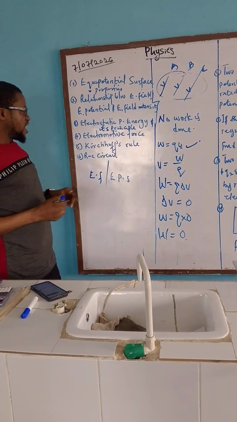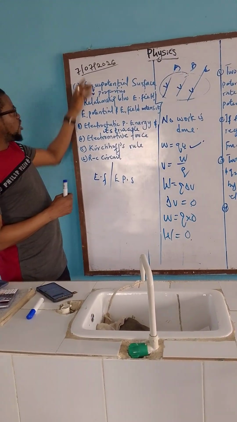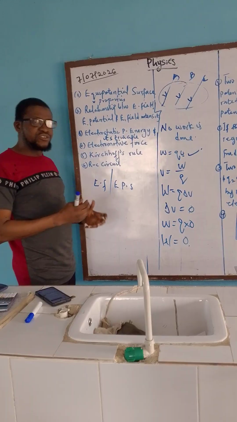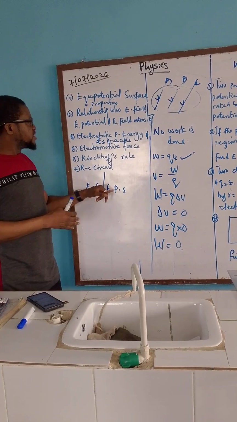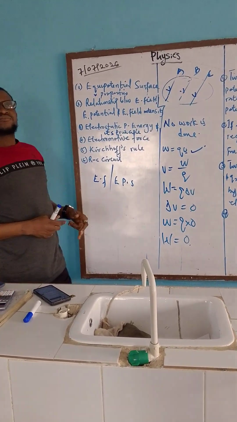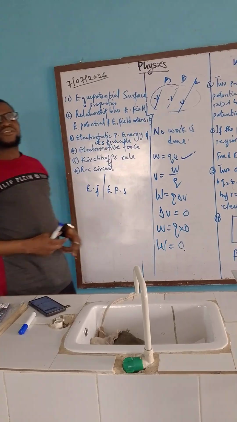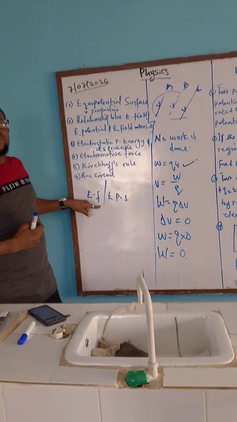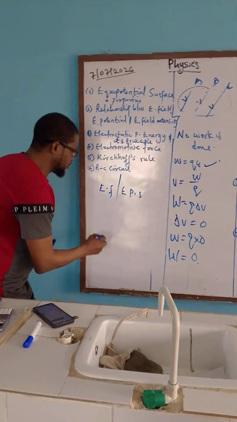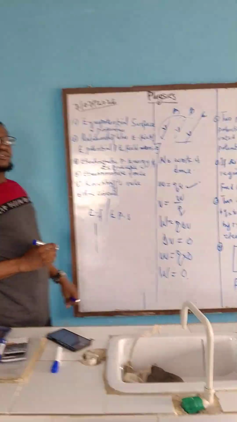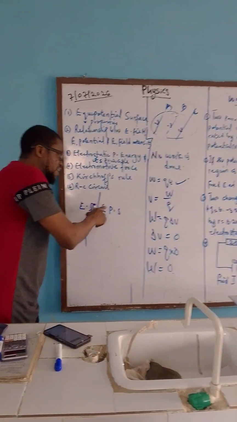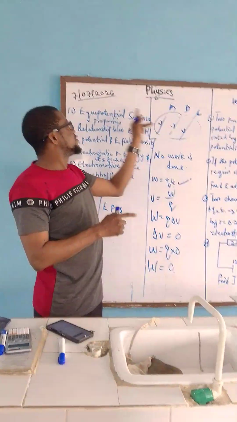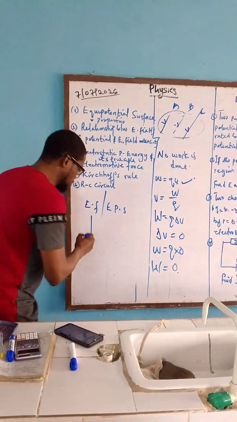What do I mean? Electric field, don't forget that all these are also being derived from electric field. So when this surface is brought to the electric field, the line of electric field is like this. So the line representing the electric potential surface will be what?